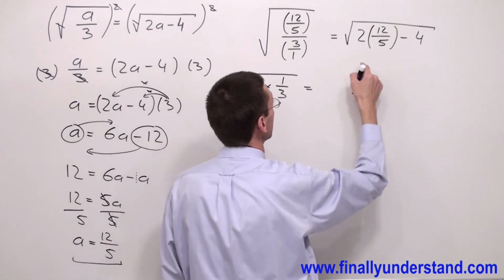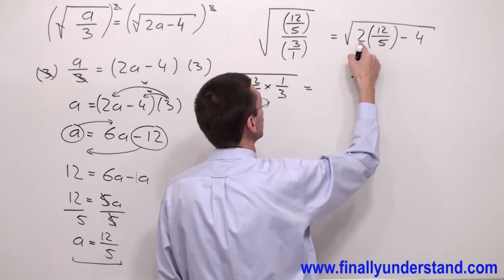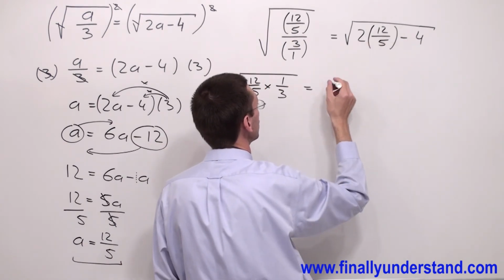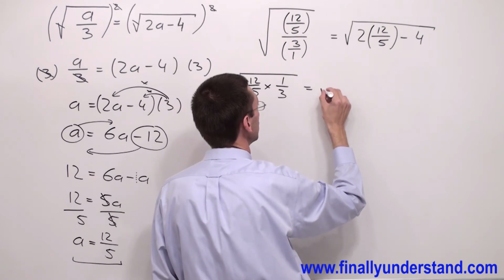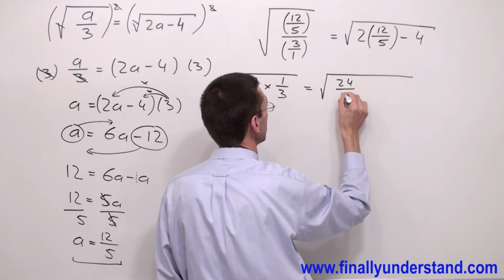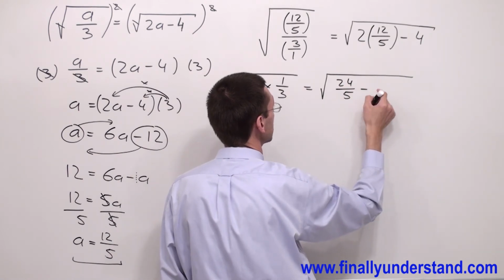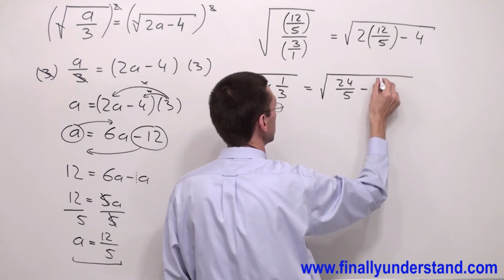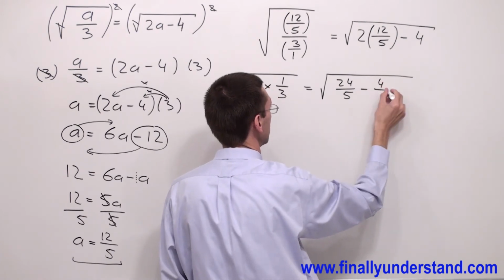Now we have to perform the multiplication. 2 times 12 is 24. That's why I'm going to write over here 24 over 5 minus, and I'm going to convert 4 to a fraction because I have a fraction over here, 4 over 1.